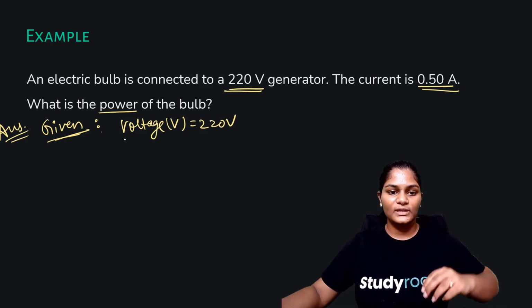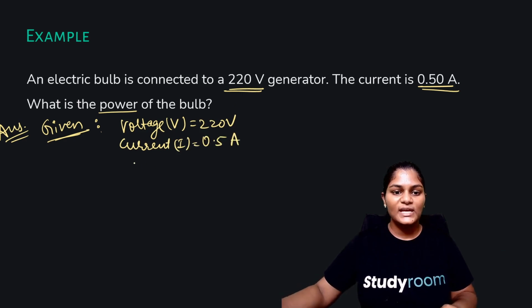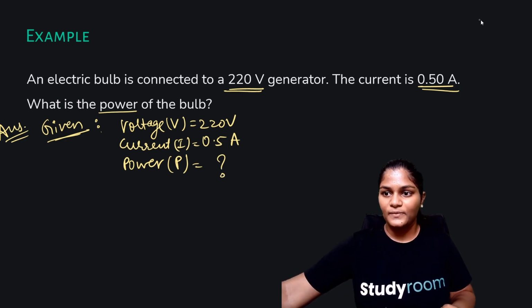Then we are given that the current I is equal to 0.5 amperes, and the power P is something that we have to find.